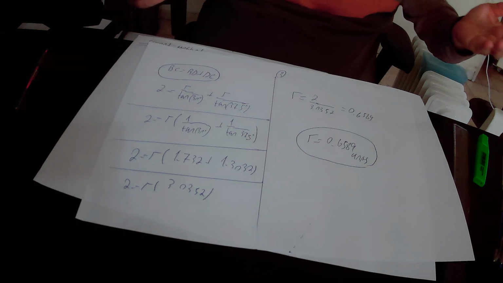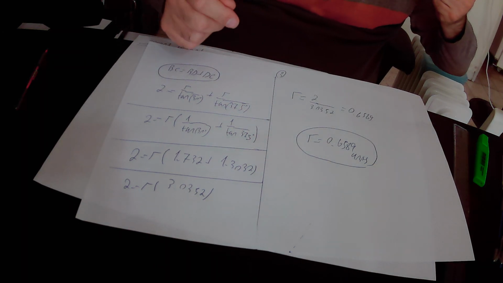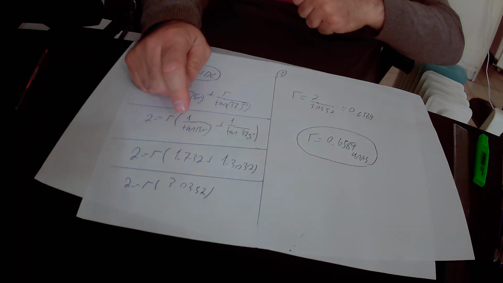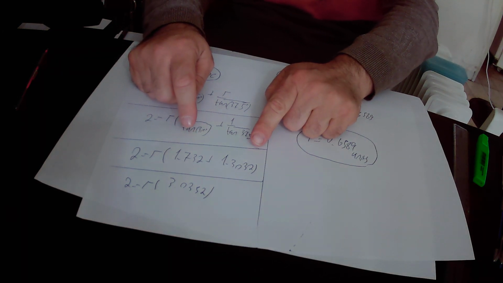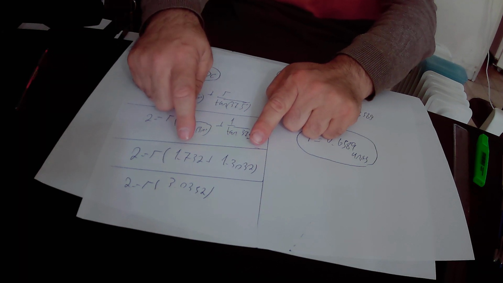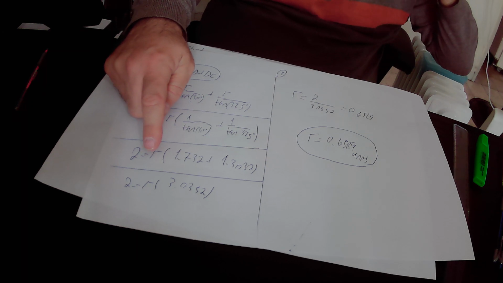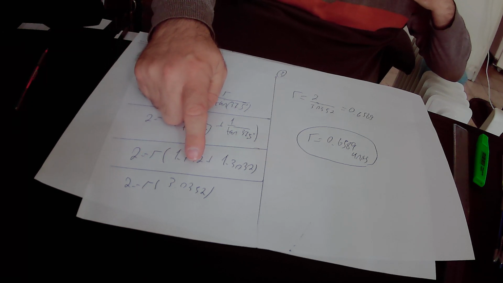So in conclusion, 2 equals R, and inside the brackets we have 1.732 plus 1.3032, which equals 3.0352. So 2 equals R times 3.0352.